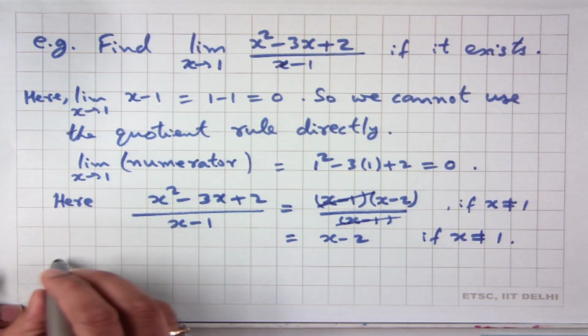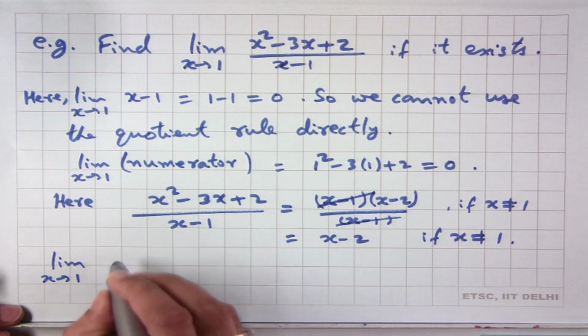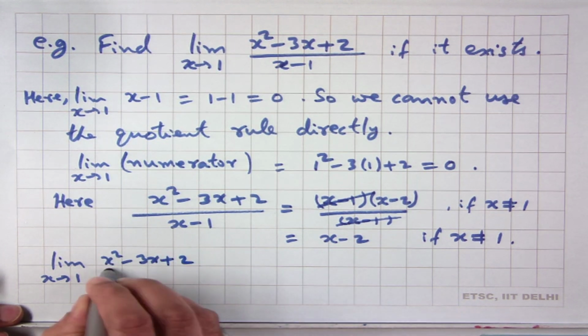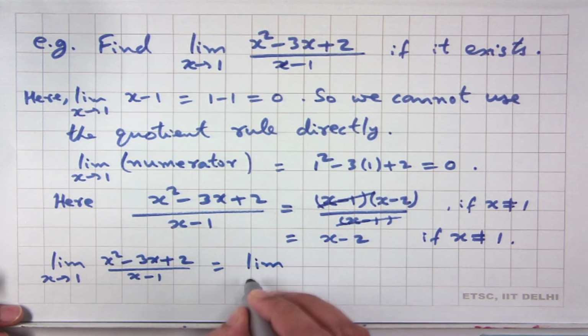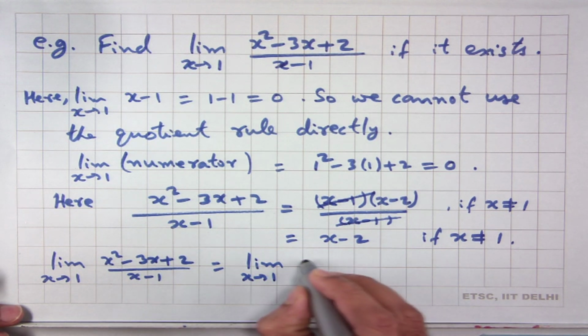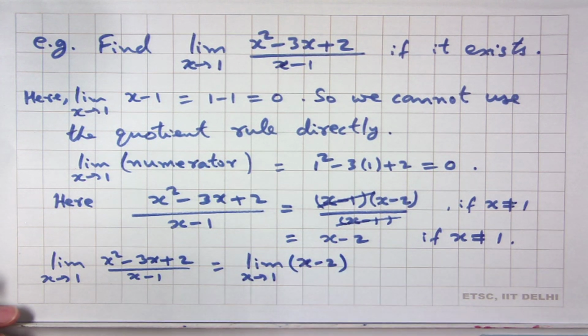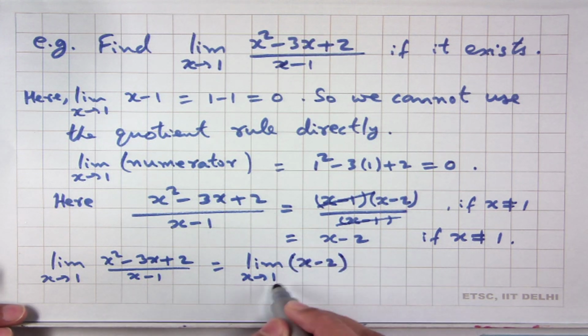So, the limit as x tends to 1 of x square minus 3x plus 2 by x minus 1 is the same thing as the limit as x approaches 1 of x minus 2. Because remember that while calculating the limit, we do not have to consider the value of the function at x equal to a, we only need to know when x is sufficiently close to 1.